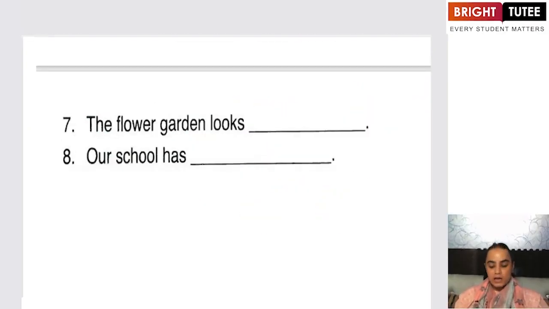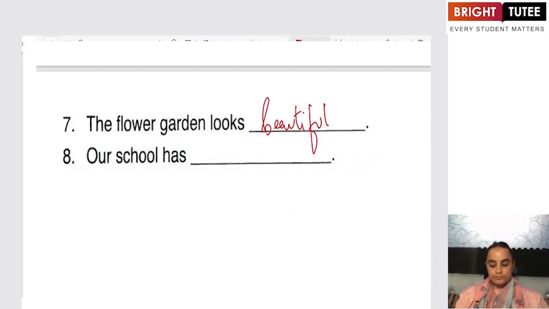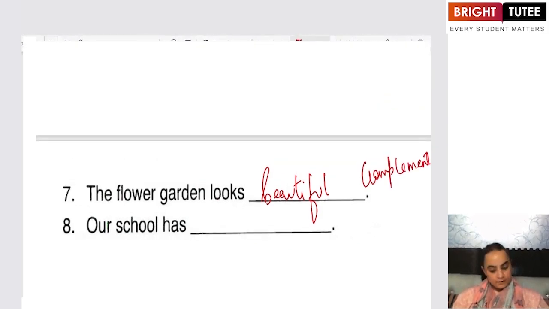The flower garden looks beautiful. An adjective which is describing my flower garden. So, this is a complement. Our school has many rooms.